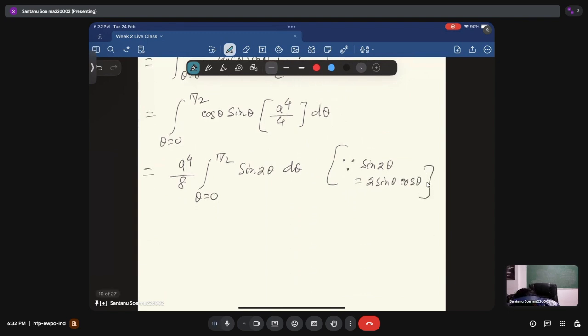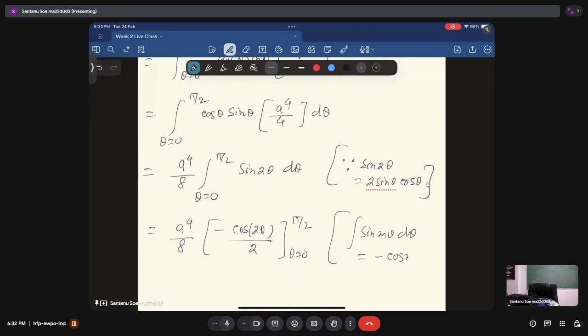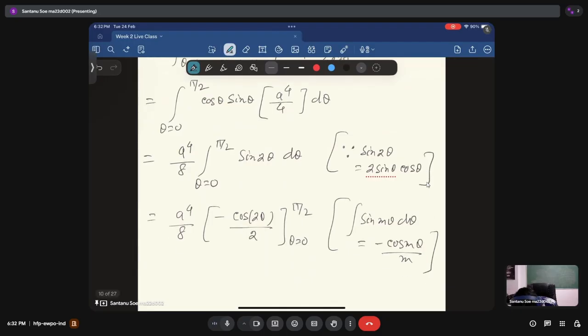And we know that the integration of sine 2 theta will be minus of cos 2 theta by 2, correct? So this will be a to the power 4 divided by 8 times minus of cos 2 theta by 2, with theta from 0 to pi by 2, because the integral of sine m theta d theta is minus of cos m theta by m, okay?